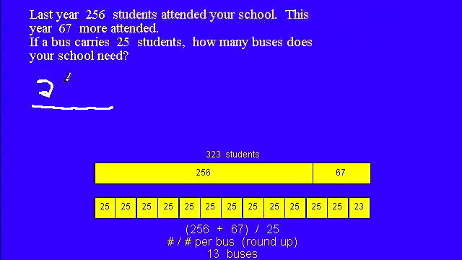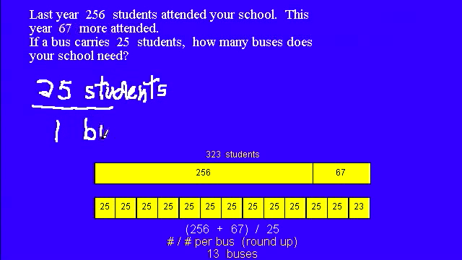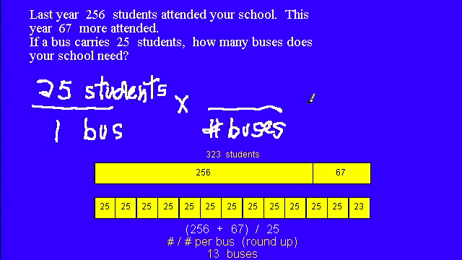So we have 25 students in one bus. Then times the number of buses will tell us how many students we can transport.